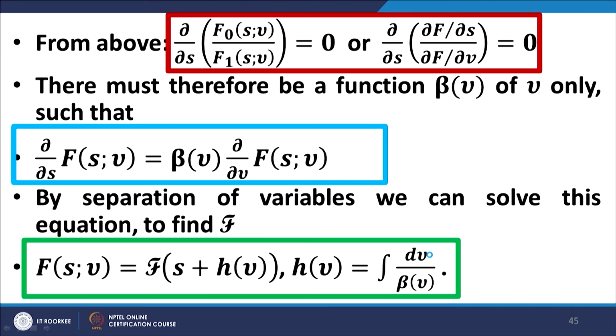Now, from this expression, if you look at it carefully, d by dS of (df by dS divided by df by dV) is equal to 0.